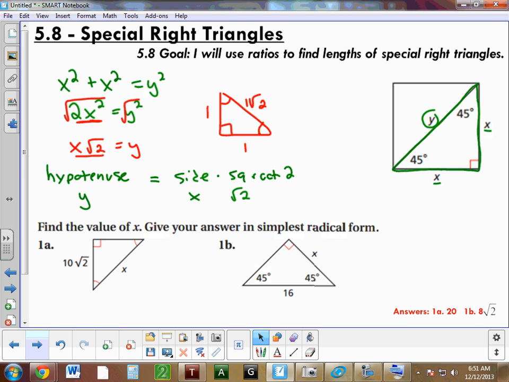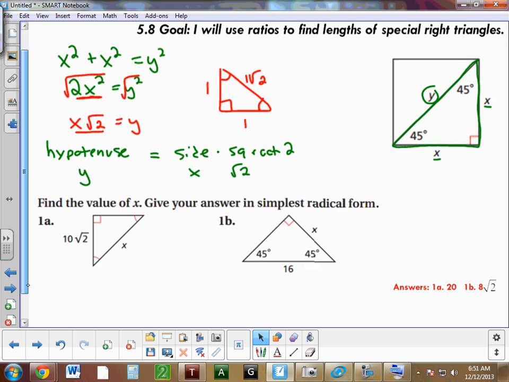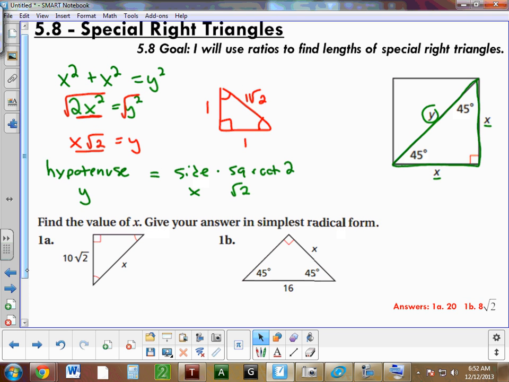So you can use that relationship to solve some examples with ratios in any type of 45, 45, 90 triangle. So if you look at 1a down here, and you want to find the value of x in this triangle, well, I've got one of the sides, and I want to know what this is.